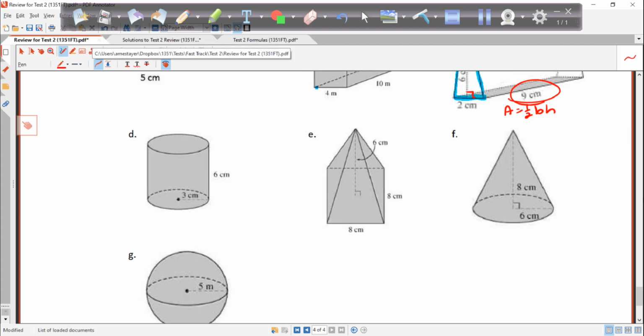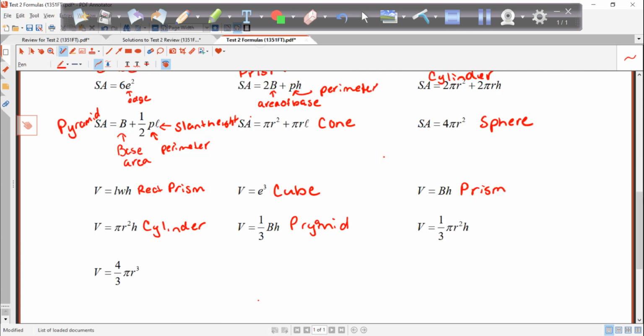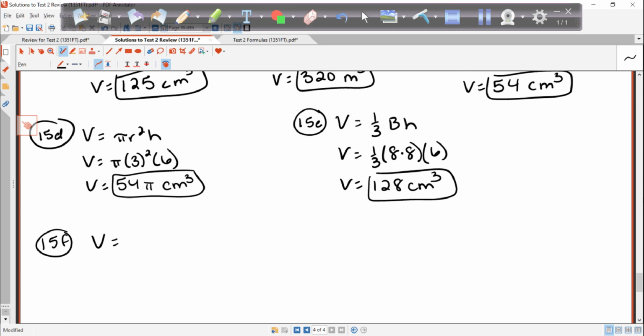All right, then we have a cone. Again, we could use the same formula we used for E, but there is one for cones. Just instead of having the area of the base, it has pi r squared. That's essentially the same thing.